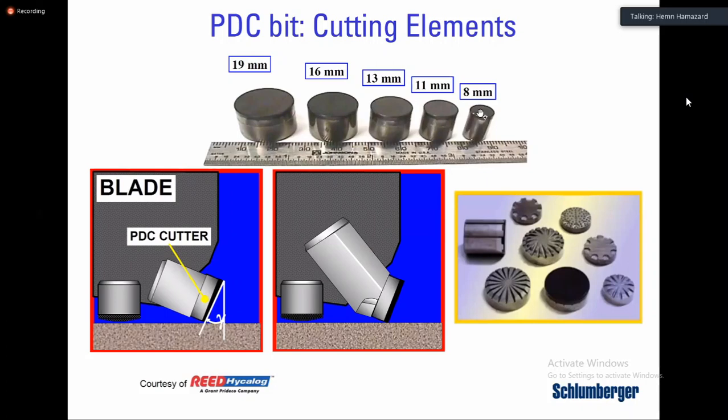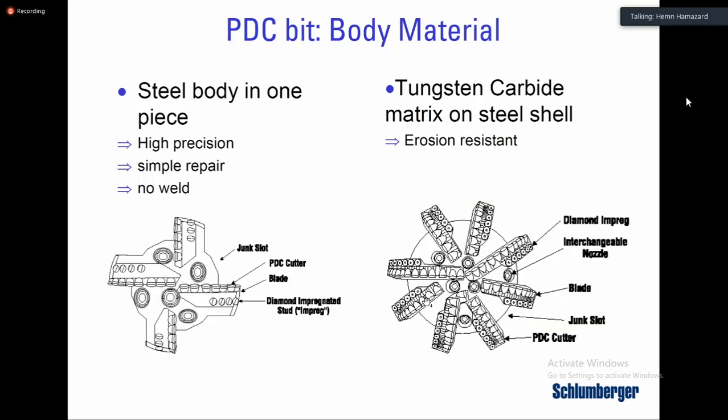And when we call any bit, for example, I say this bit is 8.5 bit, but it's 713. 713 means you have 7 blades. For example, this bit has 8 blades, 1, 2, 3, 4, 5, 6, 7, 8.